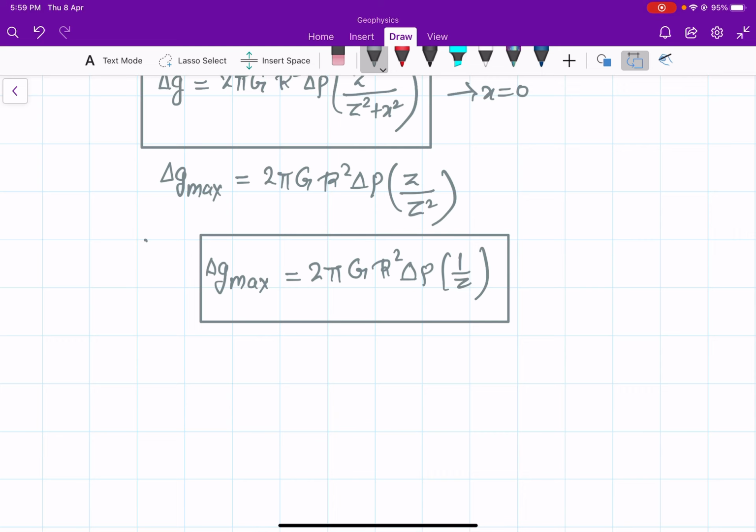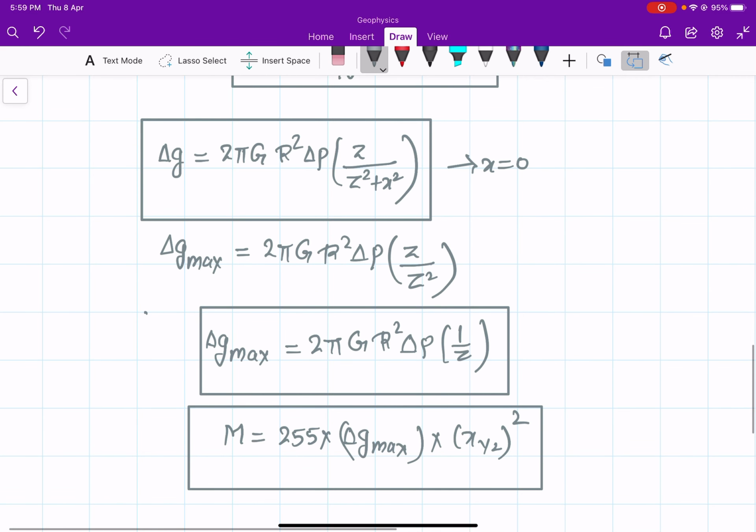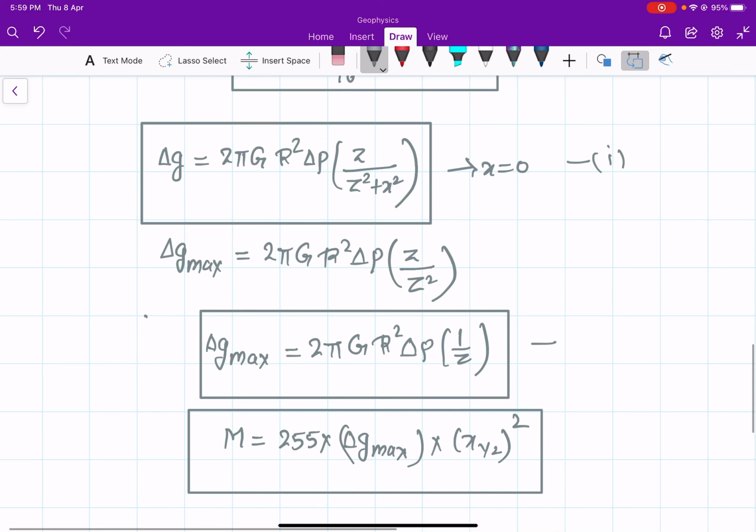And the formula for mass is 255 into del g max into x half whole square. This is the expression to calculate the mass. So equation 1, equation 2 and equation 3 you have to remember.